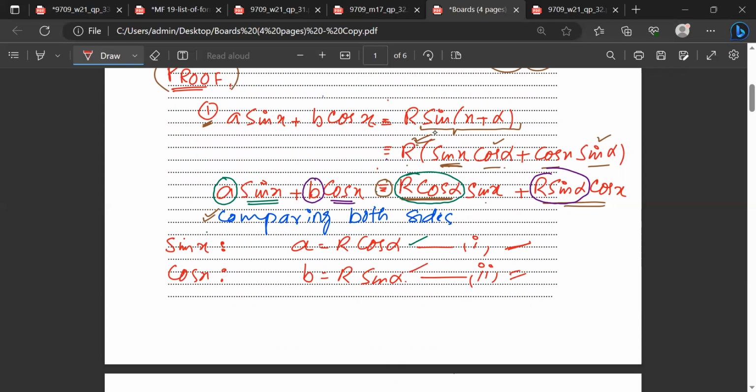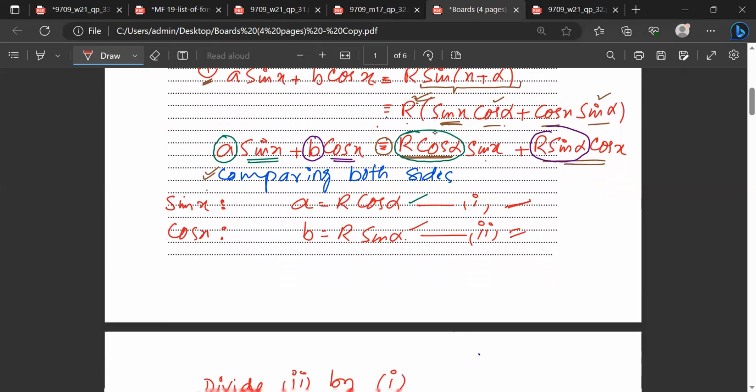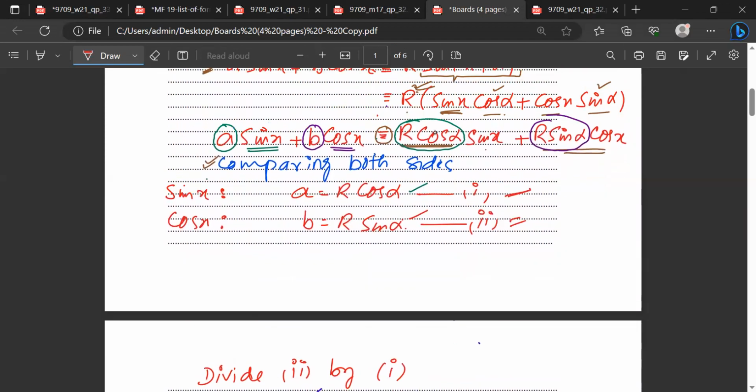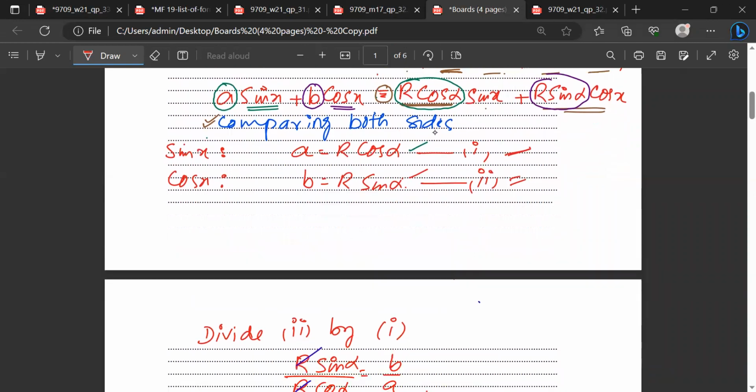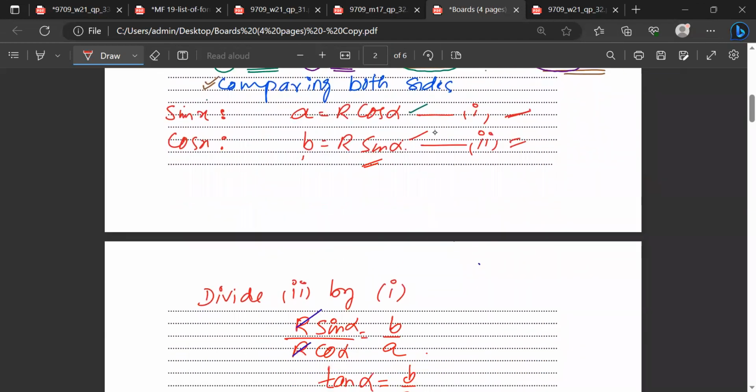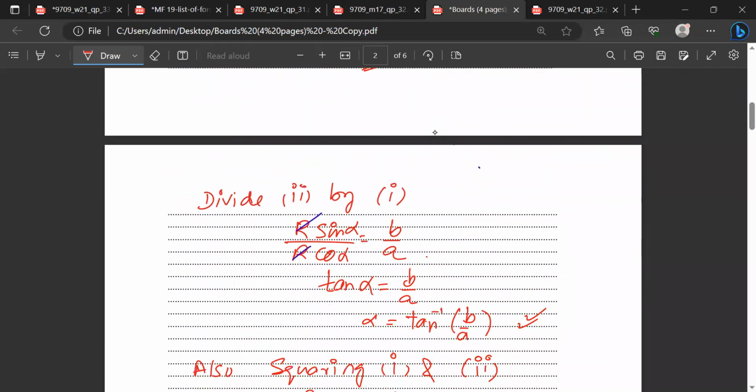You can solve them for the value of alpha and R. There's a special technique. For the value of alpha, I can divide 2 by 1, meaning left hand side by left hand side and right by right. So we have R sine of alpha over R cos of alpha equals b over a. R goes with R, and we have tan of alpha equals b over a.